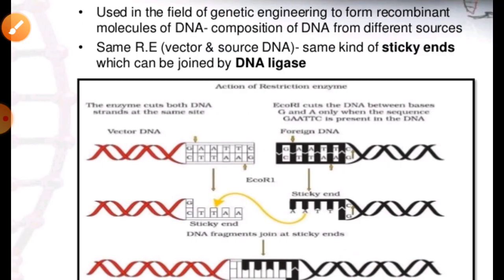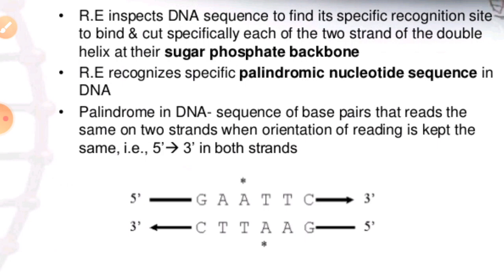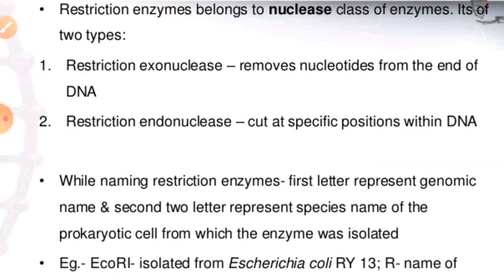You must pay attention to all these things: the types of restriction enzymes, why they are known as molecular scissors, where they can be utilized, how they were discovered, how they are given names, and what palindromes are. You must memorize all these things. They are very important from the point of view of the examination.